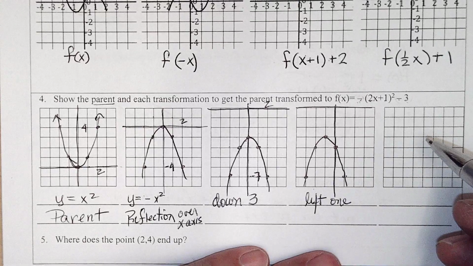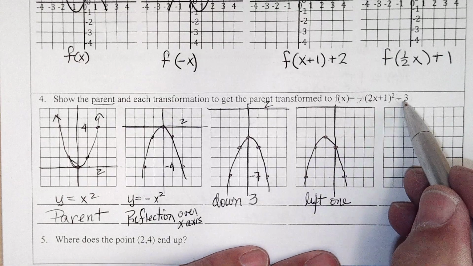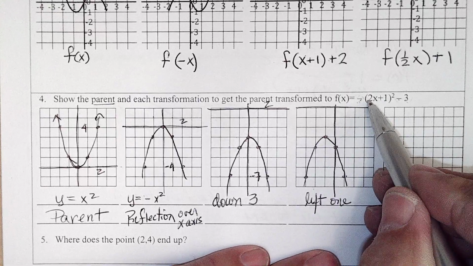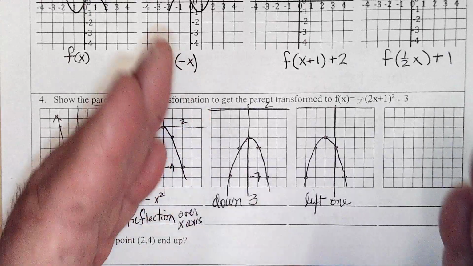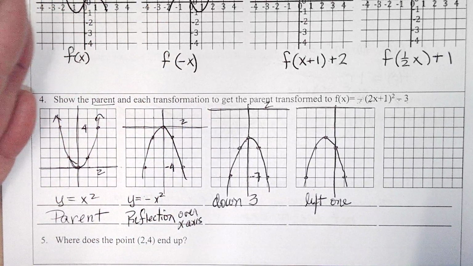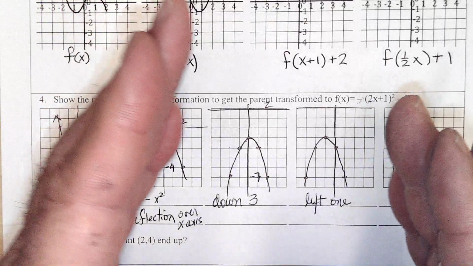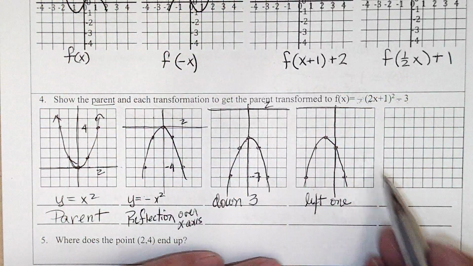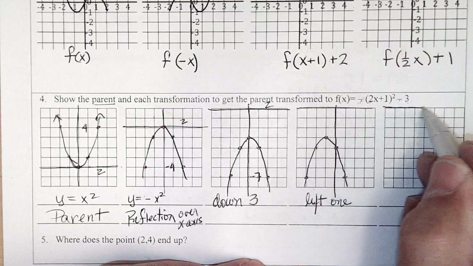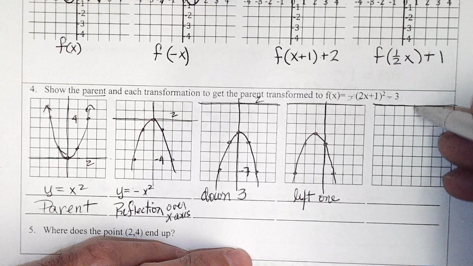And finally, the times 2. I think 2 would stretch it out horizontally, but it's opposite, so it goes half as far from the y-axis. So I'm going to leave the y-axis and the x-axis in the same place.